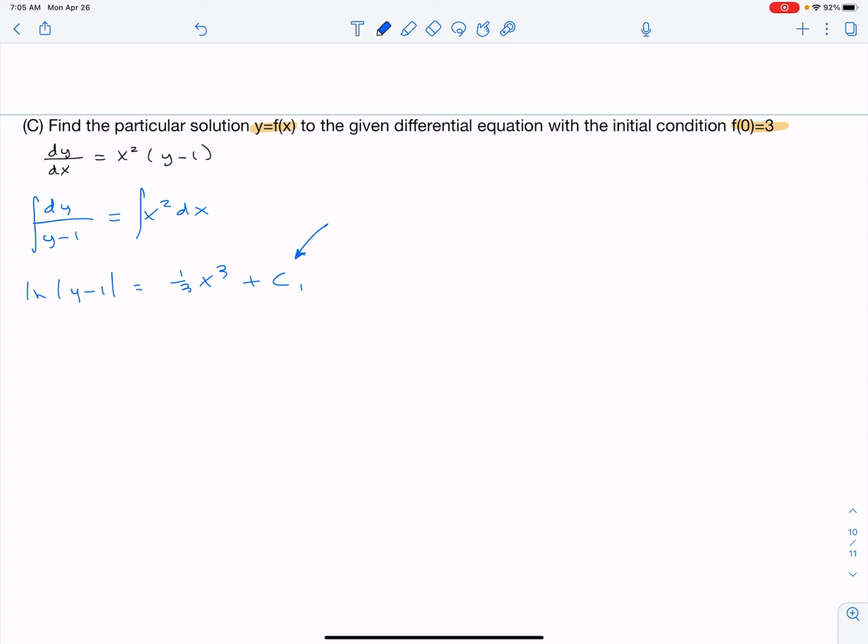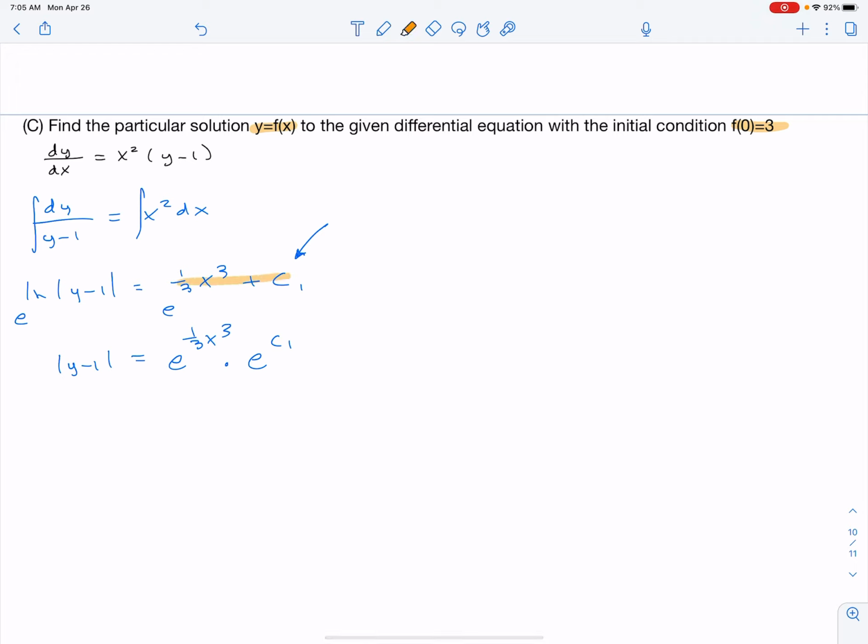So I want to get rid of that natural log. So on the left-hand side we get the absolute value of y minus 1 equals, sorry, equals e to the 1/3 x cubed times e to the c1, right?